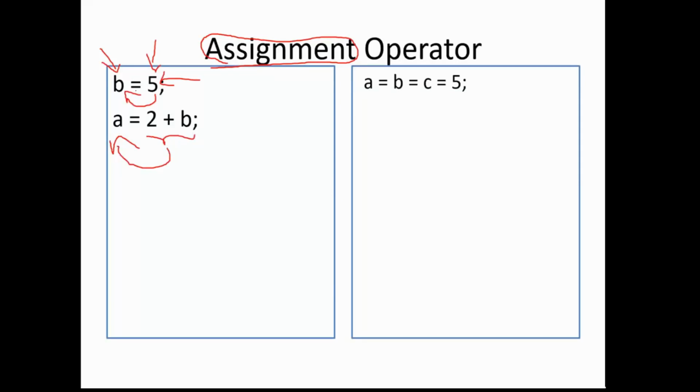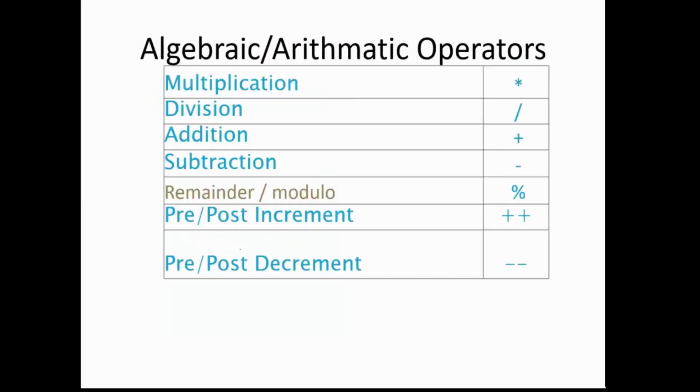Usually the equal sign is used as the assignment operator. And don't confuse double equal and single equal. Double equal means equals, and this is assignment, right? So this is the assignment operator, and here we are going to compare two values. So here we have a comparison, and here we have assignment. These two are totally different.